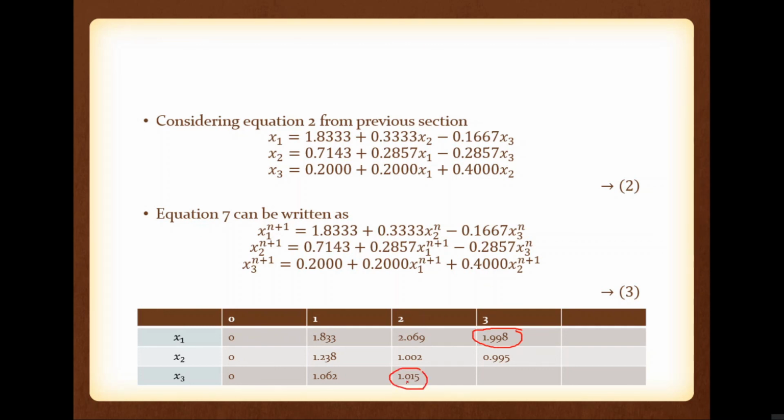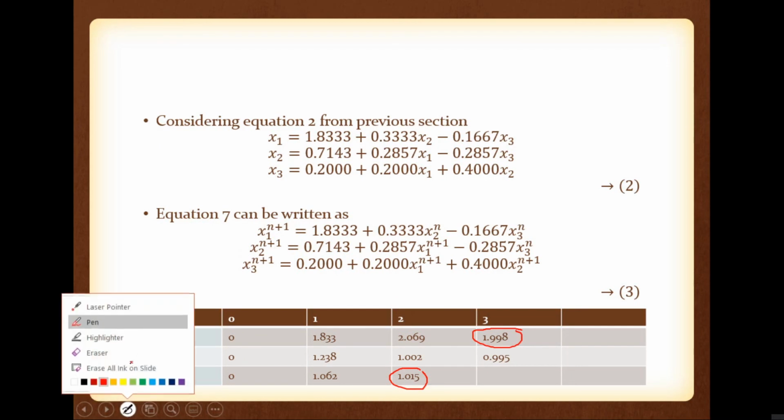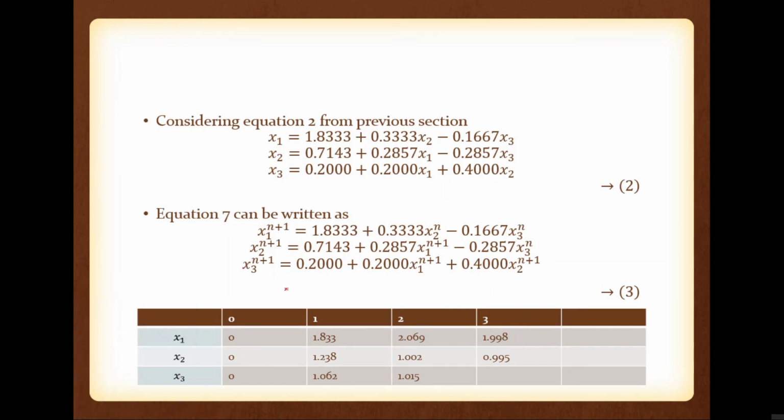These are the latest values of x1 and x3. So it will give 0.995. Now what about x3? In order to calculate x3, we need x1 n plus 1, this latest value, and x2 n plus 1, this latest value. So this one will give x3 equal to 0.998.